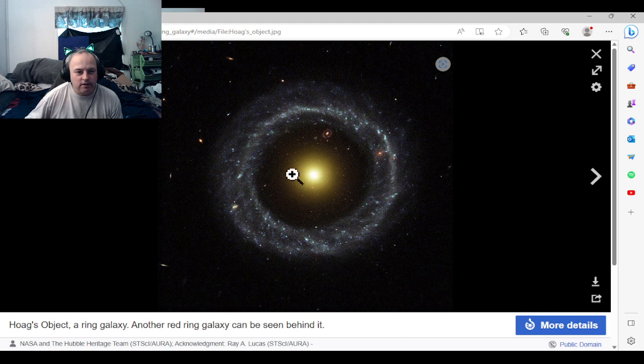So the center of this particular galaxy exploded, or went to spewing its contents outward, and then it stopped. It finished. And so the mass stopped, and therefore it's still going outward, that is, if this is expanding.